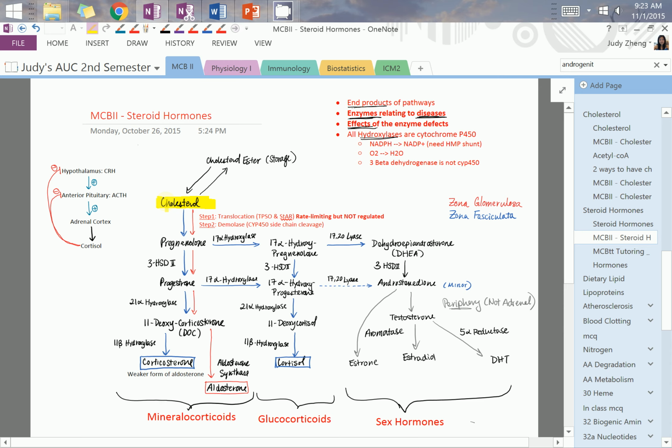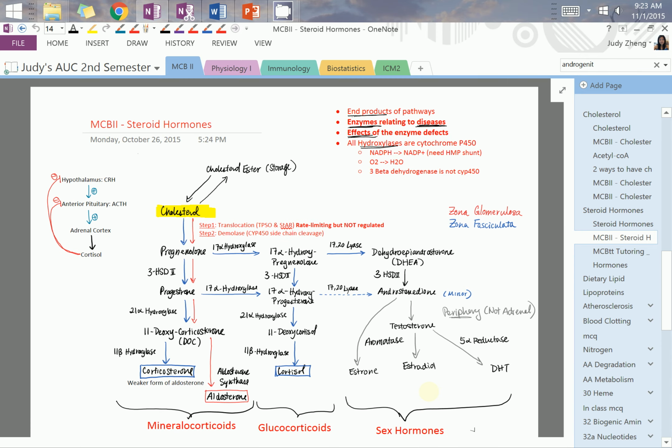They basically have the same general structure as cholesterol. And what most of these steps are doing is they're just adding a hydroxyl group to various carbons on the cholesterol rings. And that's all these hydroxylases. So the number in the hydroxylase name corresponds to which position the OH is being added onto.